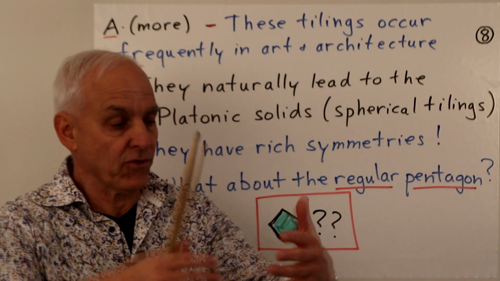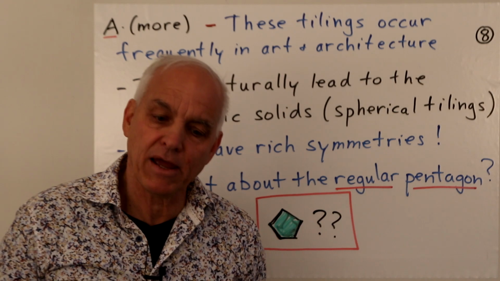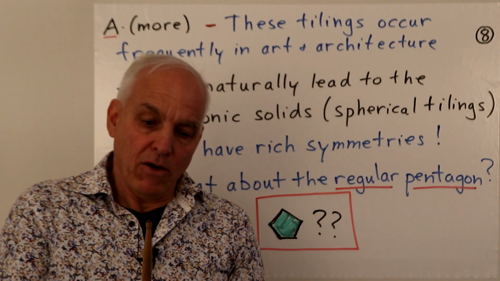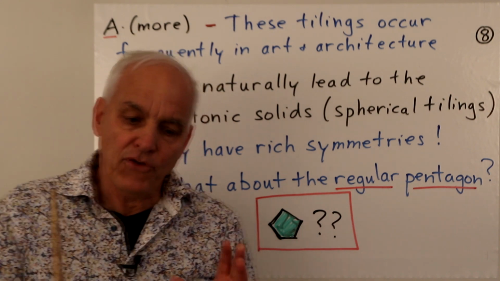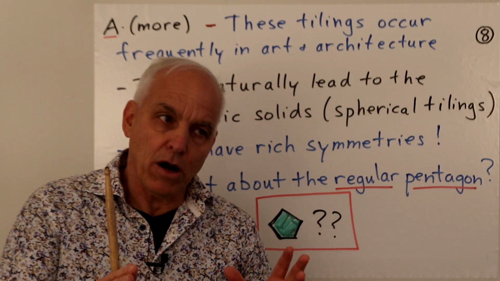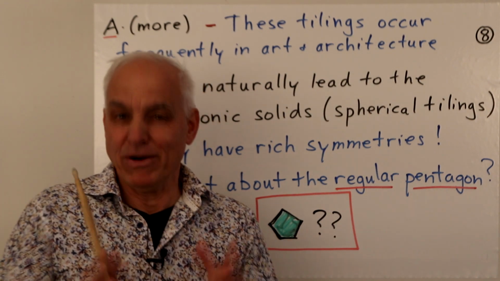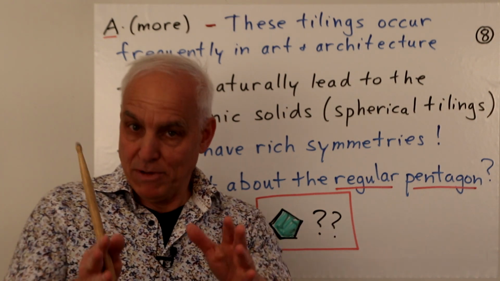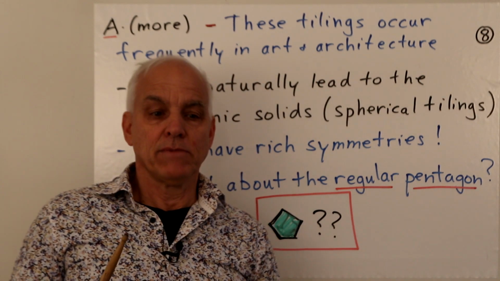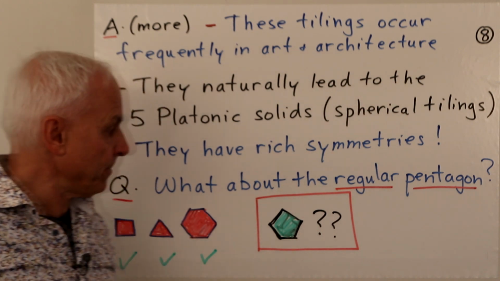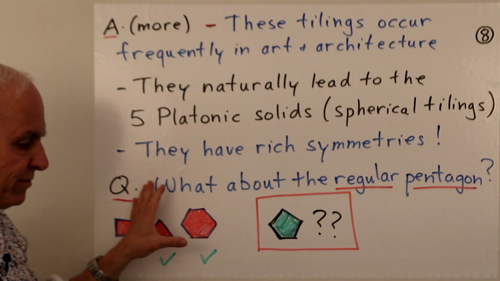So this is a precursor to that. And of course, they have very rich symmetries because, as we've explained already, there's translation symmetry, reflection symmetry, rotation symmetry. So these tilings are great laboratories to teach young people about symmetries. And I'm going to be going in that direction, using them as a springboard to explain things about symmetries.